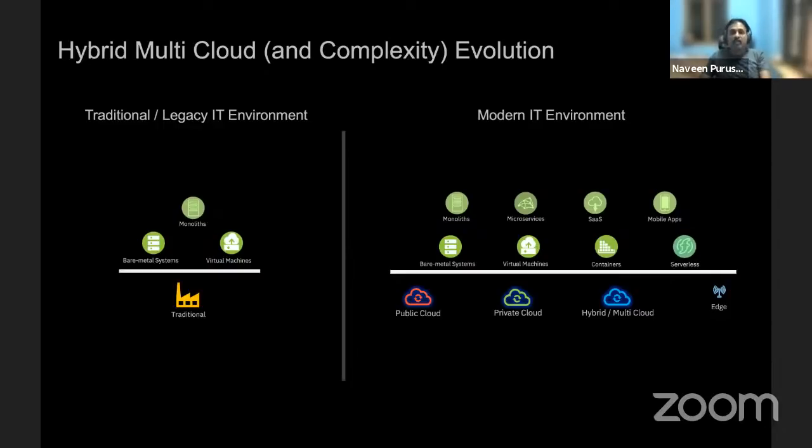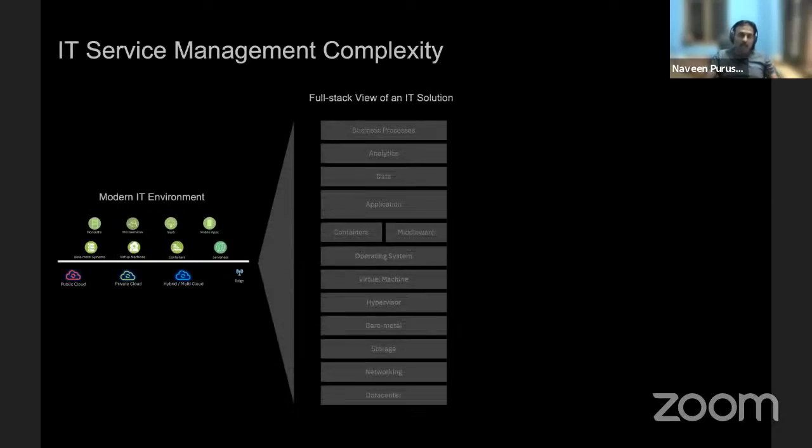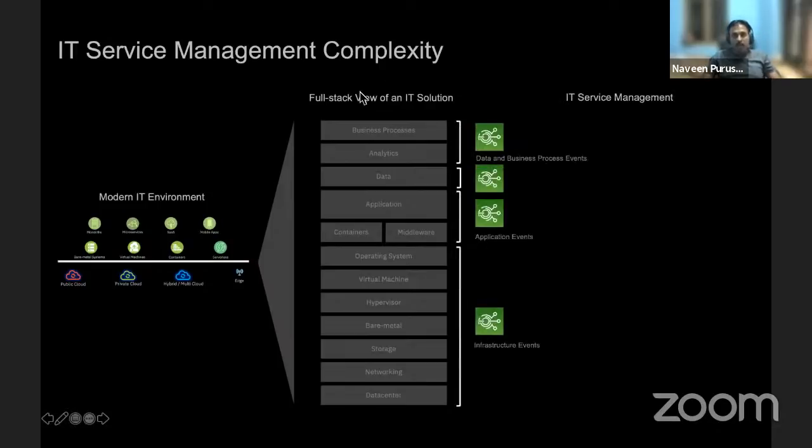So now what is happening as part of this evolution, let us look at the next slide, right? From a consumer or developer perspective, things are becoming simpler. But on the other side, from an IT service management perspective, the complexity is increasing. If you look at the middle portion of the slide, you can see a typical vertical view of an IT solution.